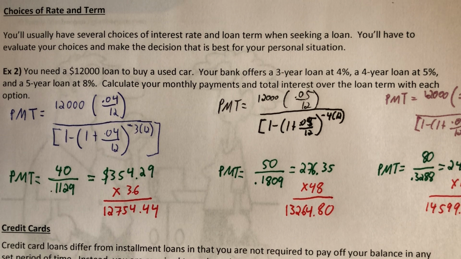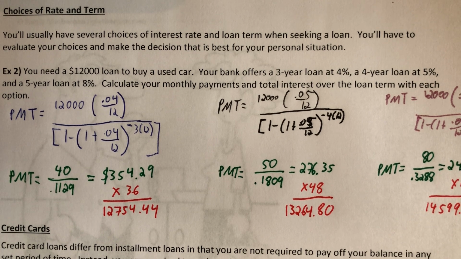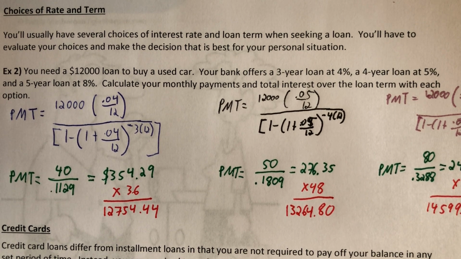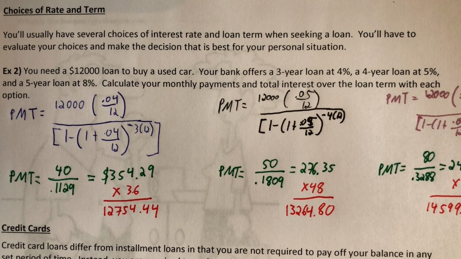And if you're plugging this in the calculator, if you want to take 3 times 12 and make that a negative 36, I would highly recommend it. So our numerator is 40, our denominator is 0.1129, and we would come out with a payment of $354.29, which is a good sized payment.